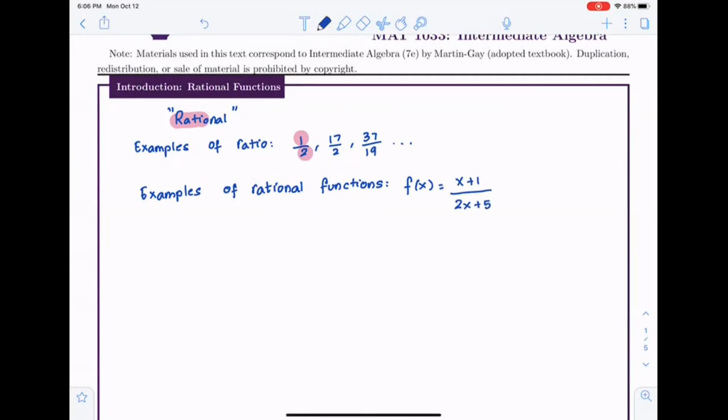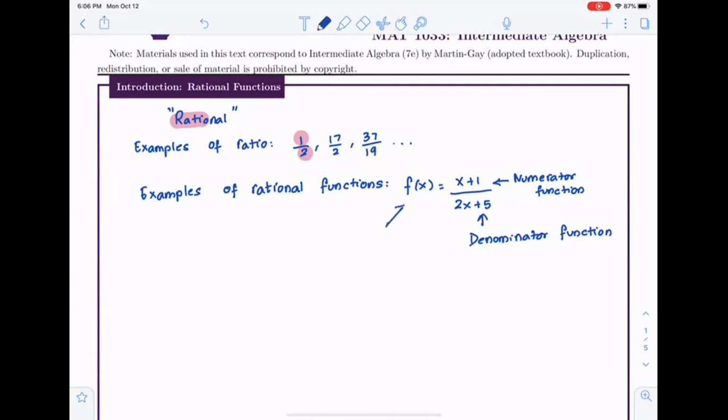So I have a numerator function, and I have a denominator function. And collectively, the numerator function divided by the denominator function is what we call a rational function, because it is a ratio of two functions.